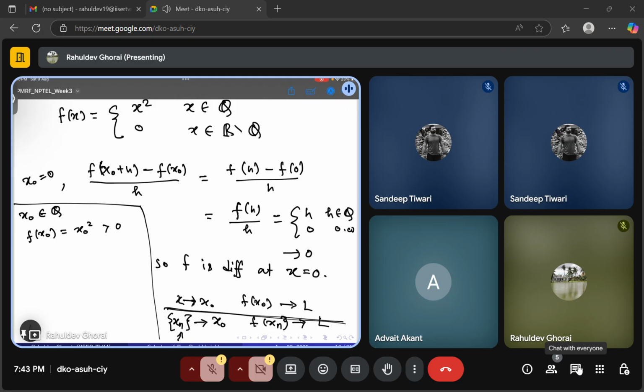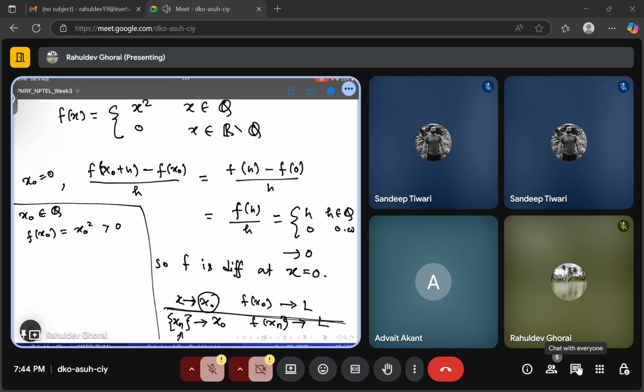Any sequence x n you have which converges to x naught, which is the point where you want the limit, f of x n should converge to L for all those sequences. Then you can say that limit x tends to x naught of f of x is L also. If you know this, you can solve many questions.